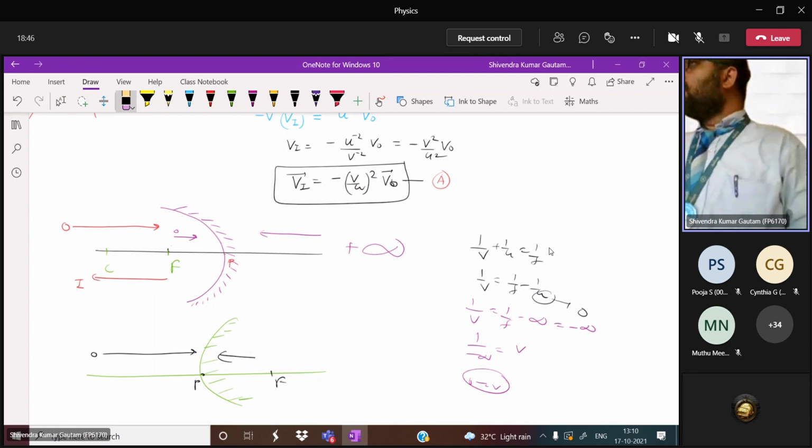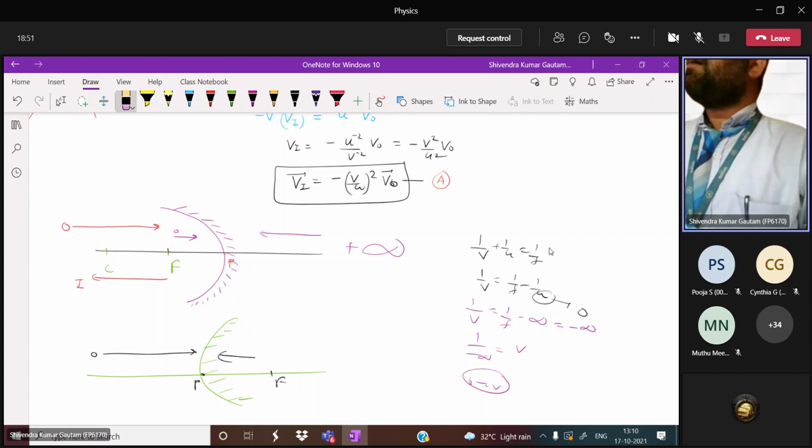Every time you have to know that the direction of object and image velocity must be opposite.